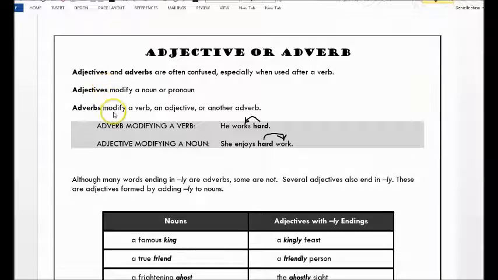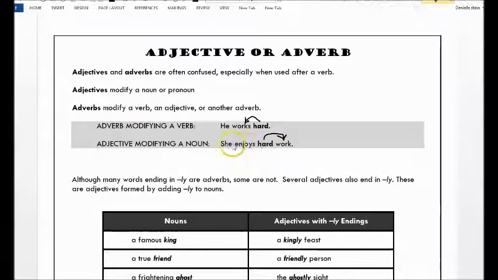In order to distinguish between adverb and adjective, you have to determine what it's modifying, what part of speech that is. So for example, he works hard. In this sentence, the word hard is modifying works. Works is the verb. That means hard in this sentence is an adverb. In this sentence, she enjoys hard work.